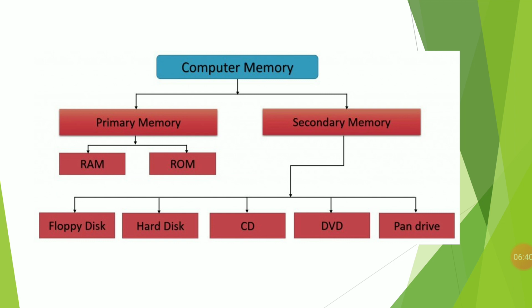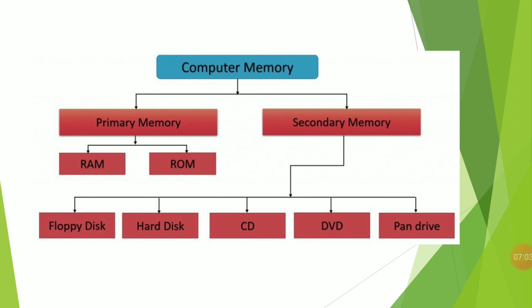Next, if we discuss the types of ROM, we have so many types of ROM. First one is PROM, which stands for programmable read-only memory. Next one is EPROM, which stands for erasable programmable read-only memory.